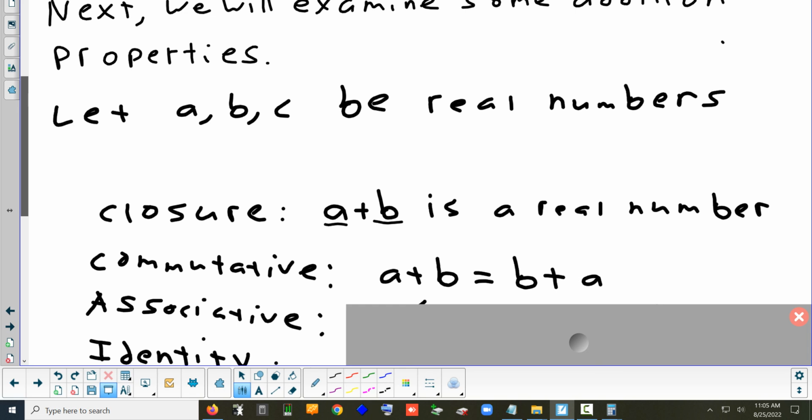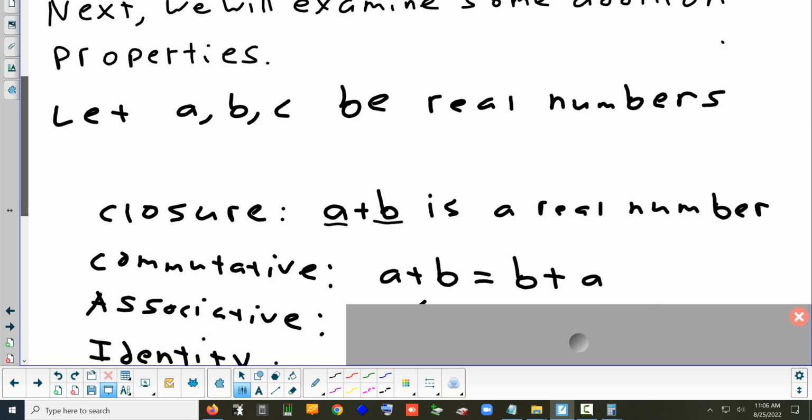How about associative? Anybody remember that one? I haven't heard these terms in so long. Think about when you associate with somebody, do you do that alone or do you do it in a group? You do it in a group. So associative has to do with grouping.